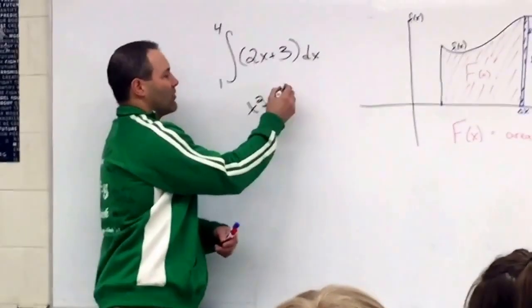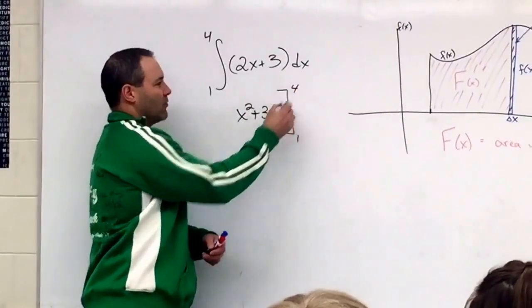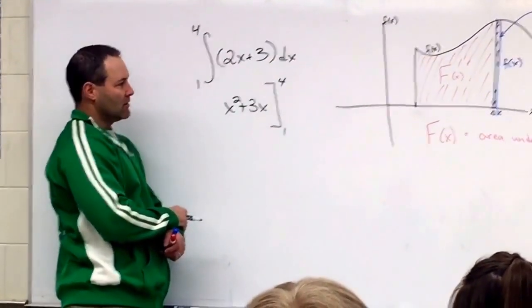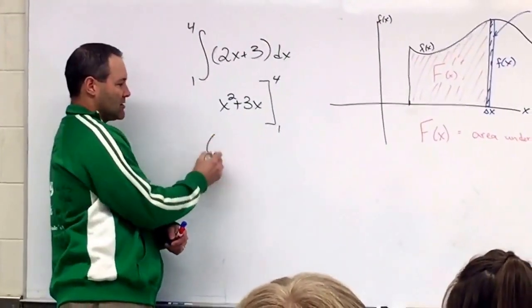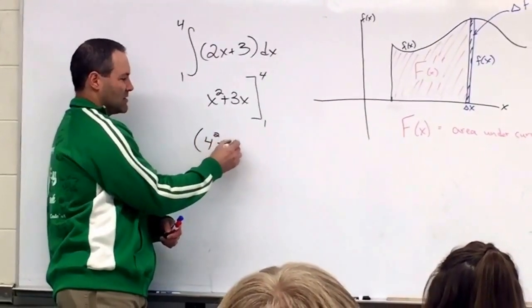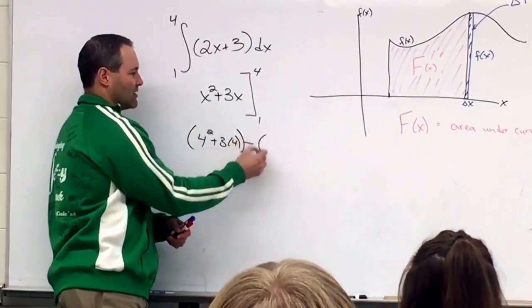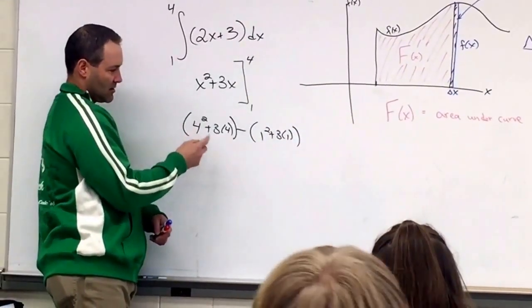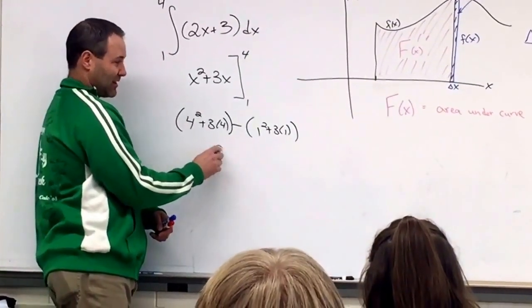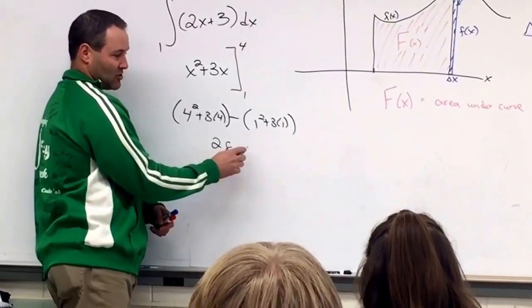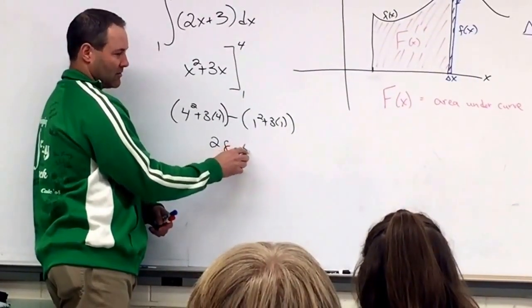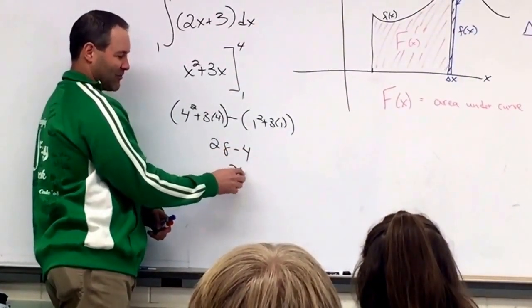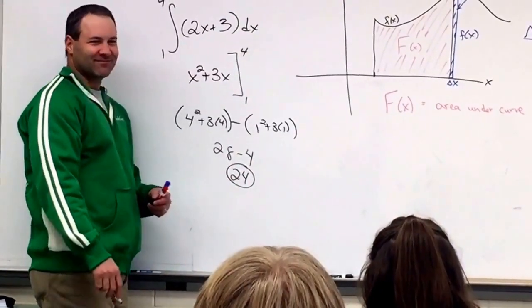Now we're going to evaluate it from 1 to 4. So it's 4 squared plus 3 times 4, minus 1 squared plus 3 times 1. 16 plus 12 is 28, minus 4, which is 24.